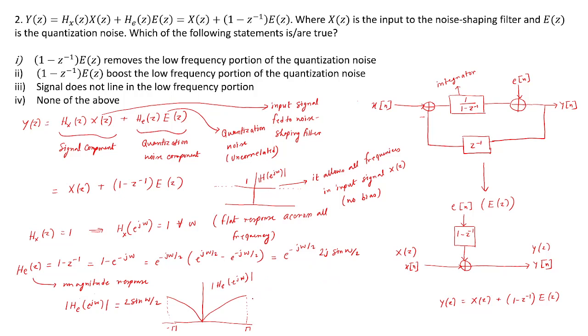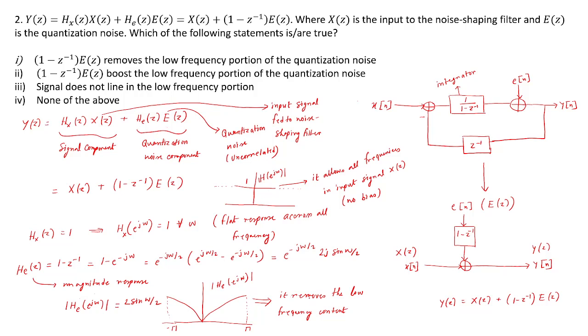So what can be seen from this spectrum? That it is frequency selective and, most importantly, it removes the low frequency content. But low frequency content of whom? He(e to the power j omega) is multiplied with E(z), that is the quantization noise.